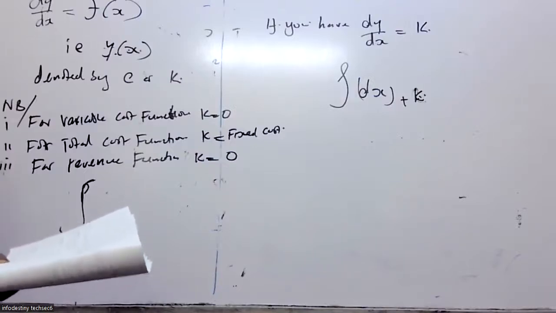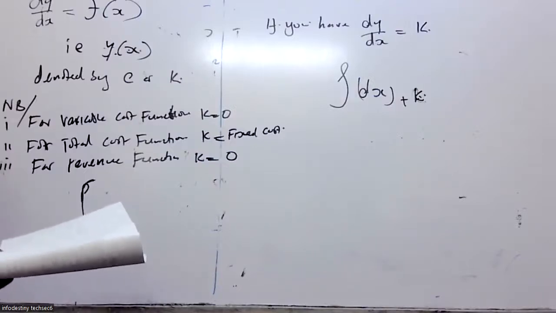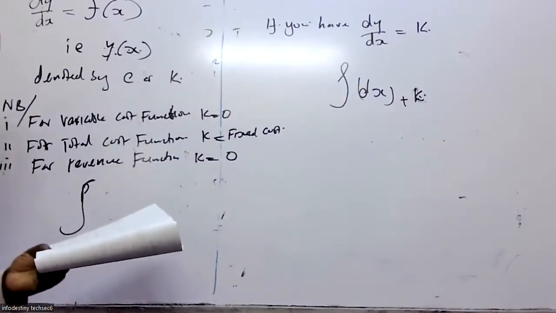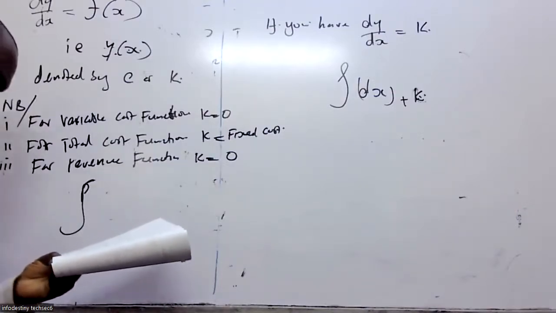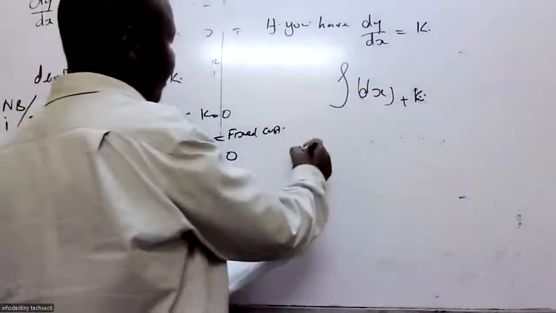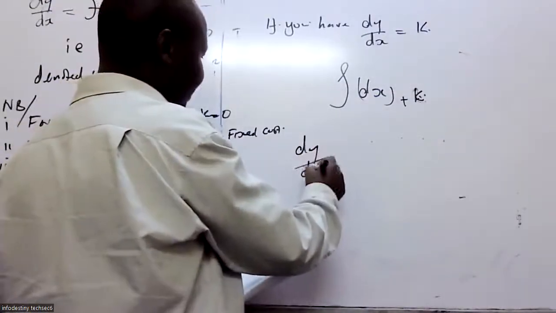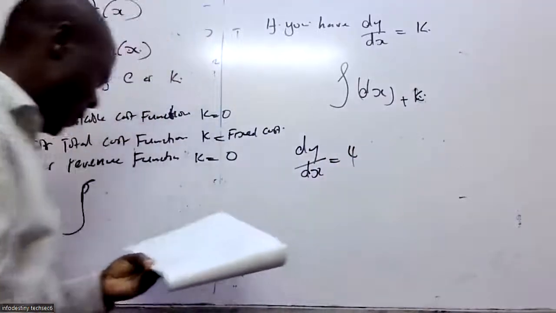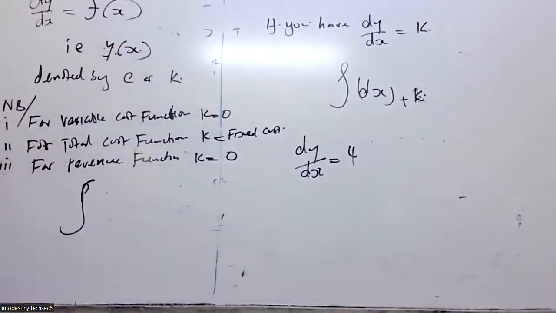Let's look at this example. Integrate the following: dy over dx equals 4.